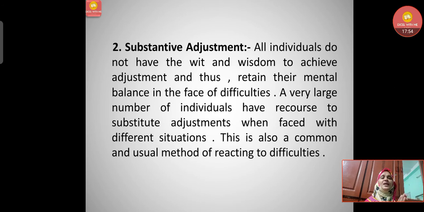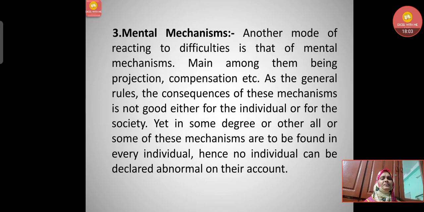In that case, they will not take difficulties in a very hard or difficult manner. Third one is mental mechanisms.